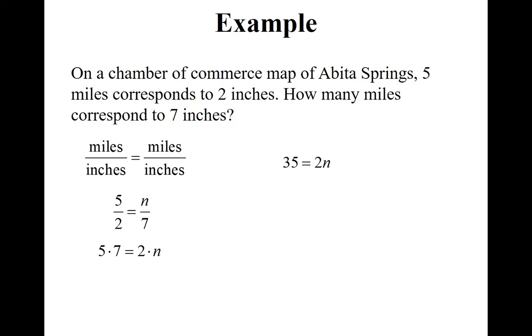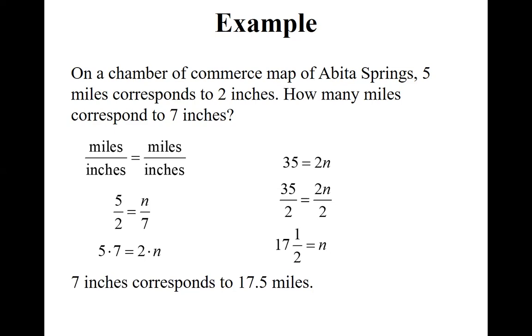That's 35 equals 2n. Divide both sides by 2. N is 35 halves, or 17 and a half. So 17 and a half miles is what 7 inches corresponds to.